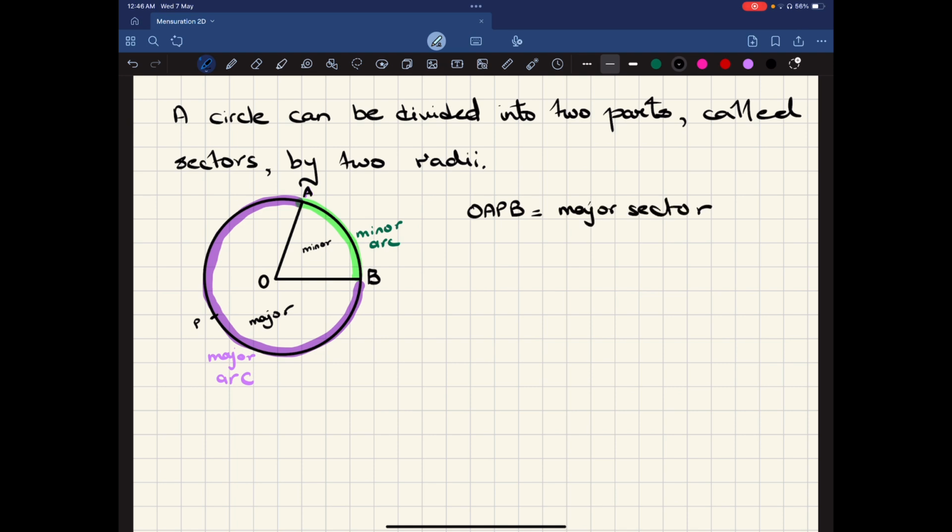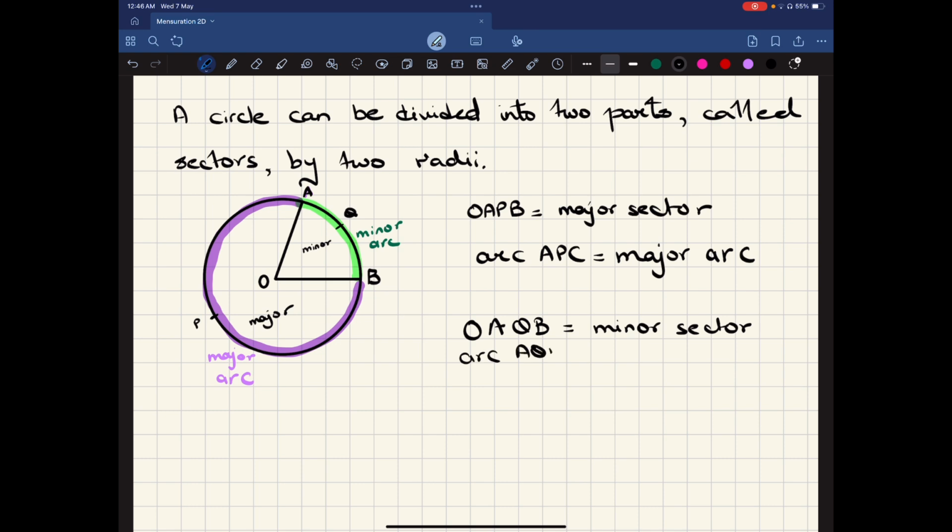And arc APB is the major arc. And OAQB is the minor sector. And arc AQB is the minor arc.